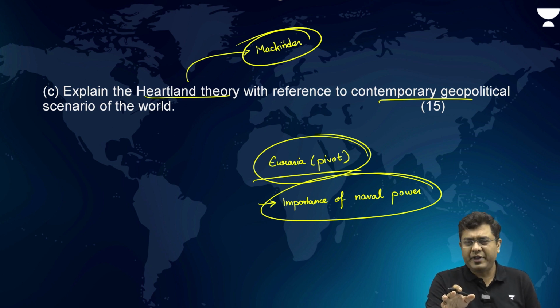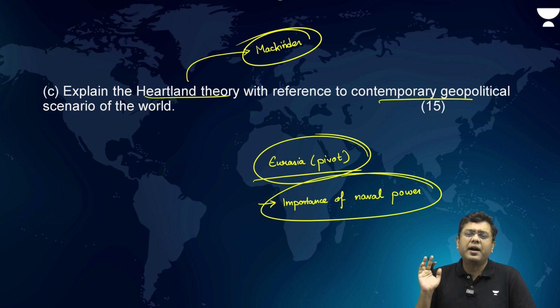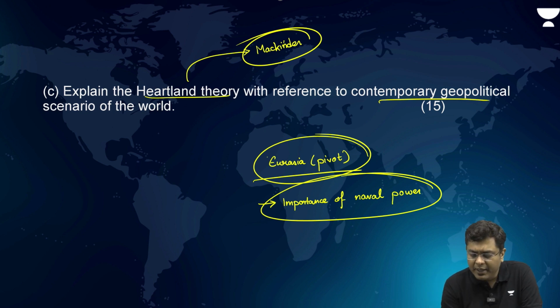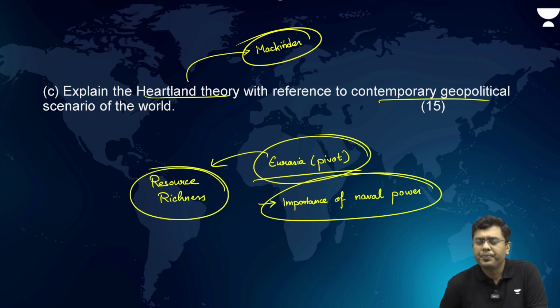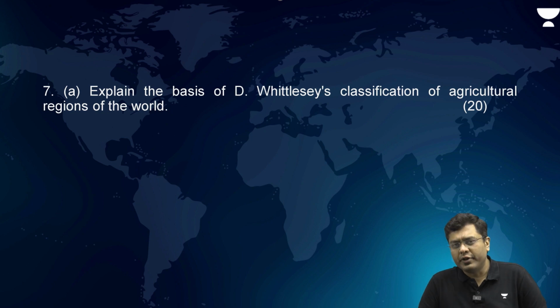But it is only a 15-marker question, so that much is not required. What is that heartland theory? What is the context of Eurasia as a pivot? Because of its resource richness, okay, that is something you have to focus upon.